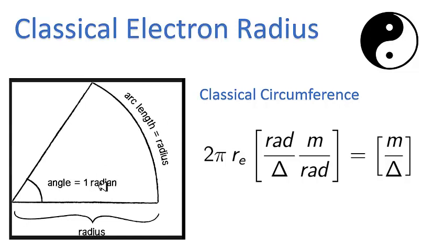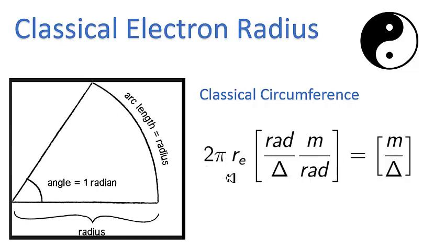Radius and radian are closely related, which is why they're almost exactly the same word. The arc length of a section of a circle with the angle of 1 radian is equal to 1 radius, and that is why I give the radius in modified unit analysis the units meters per radian.